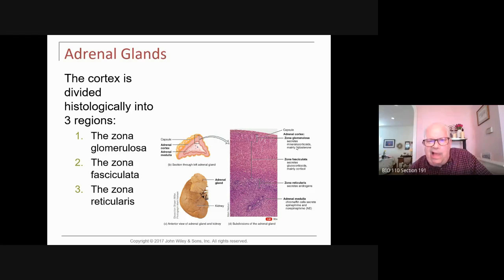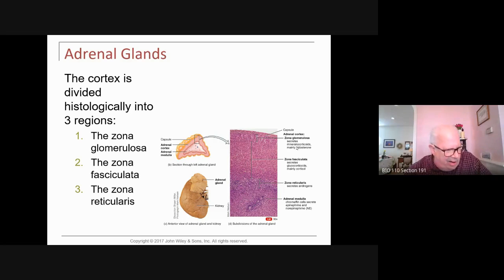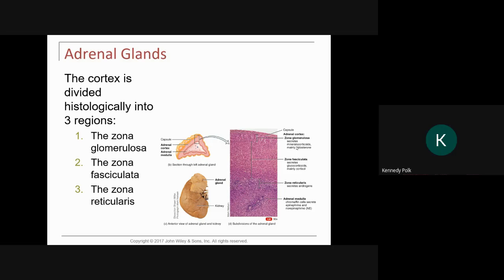Because I asked that question. I don't remember. Okay, let's see. Kennedy, are you here? Yeah. Do you know what two minerals aldosterone controls? It absorbs one mineral and gets rid of the other. Is one sodium? One is sodium. It absorbs sodium and gets rid of? Potassium. Thank you.